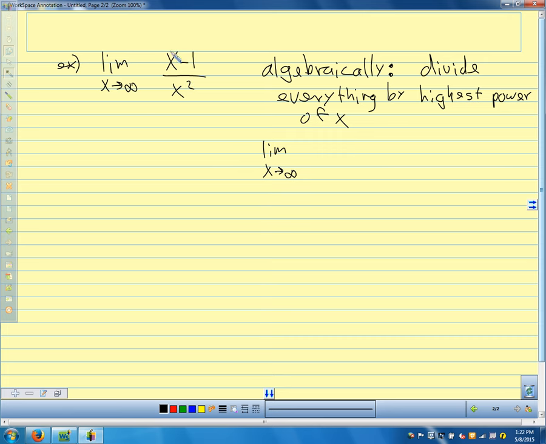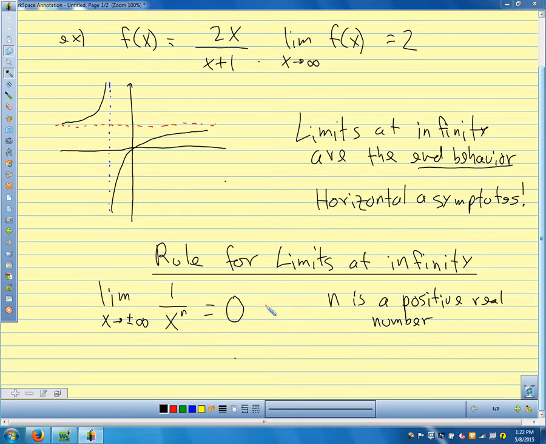So in the numerator, when I divide x by x squared, what do I get? 1 over x. Divide 1 by x squared: minus 1 over x squared. Over, I'm going to divide x squared by x squared, I get 1. Equals, well, what's the limit as x approaches infinity of 1 over x? Zero.